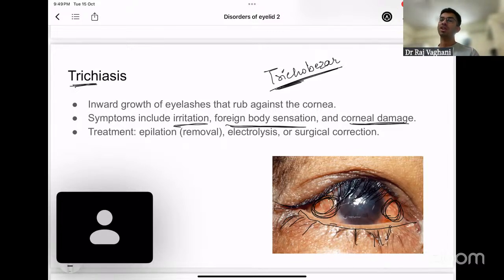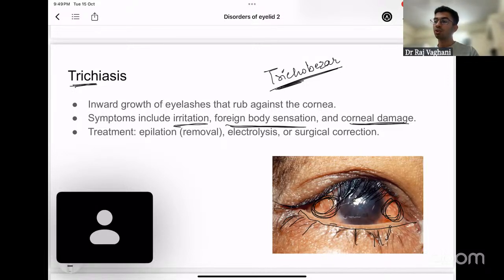You can also do electrolysis. Electrolysis means destroying these eyelashes, right? Or there can also be surgical resection. Surgical resection means you're going to lift your eyelids so that all the eyelashes are projecting outwards and not inwards, right?